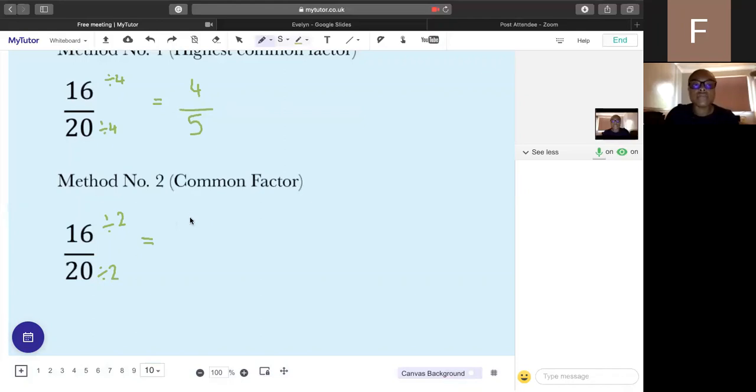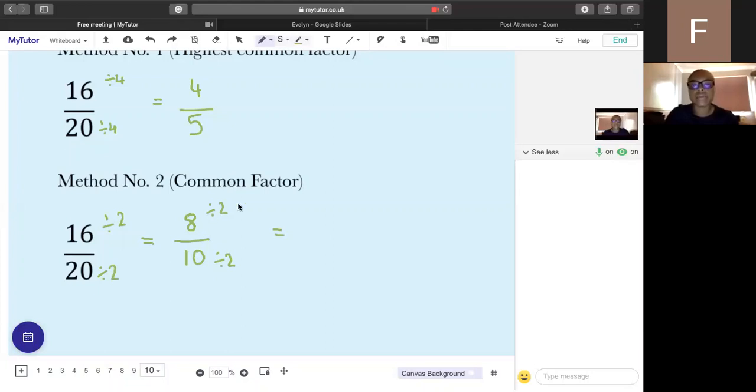So 16 divided by 2 is 8, and 20 divided by 2 is 10. Now here we have two even numbers again. We have 8 and 10, so we know 2 goes into both of these numbers as well. So we can continue. We can do 8 divided by 2 and 10 divided by 2.